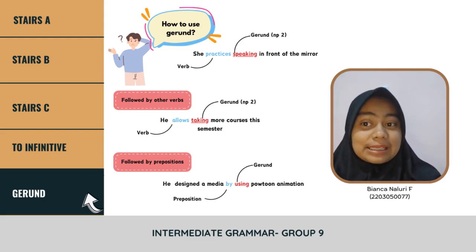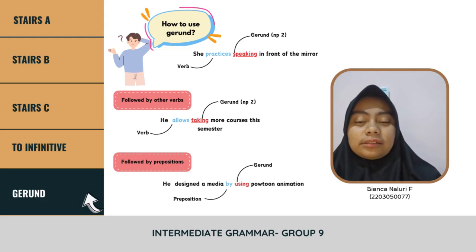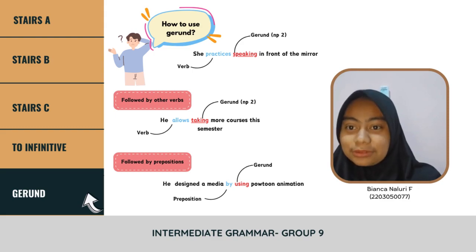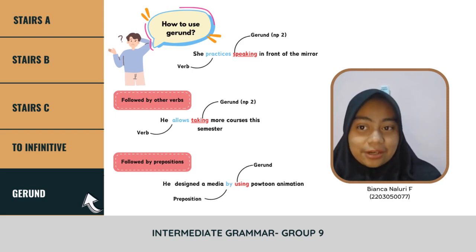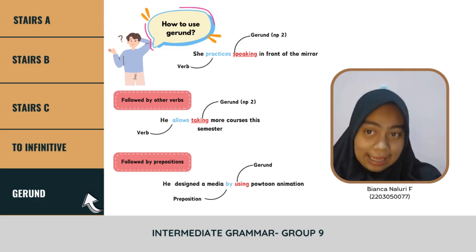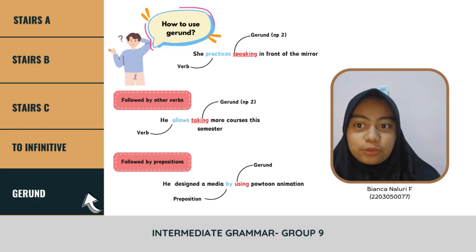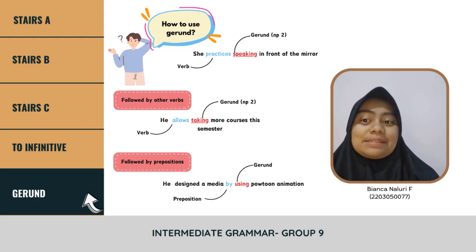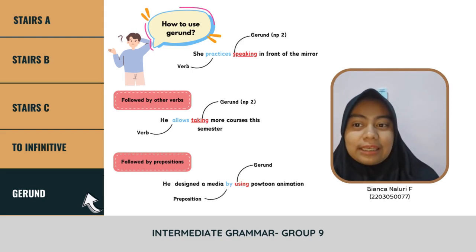Okay, she practiced speaking, so speaking here should be a noun phrase, because it should be a noun. The speaking here becomes a gerund, the verb that acts as a noun. And in front of the mirror is just the complement or the adverb of place. So she practiced speaking in front of the mirror. You can see the red word here, the word that underlines speaking. The speaking here is a gerund.